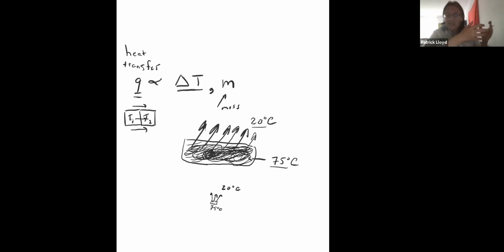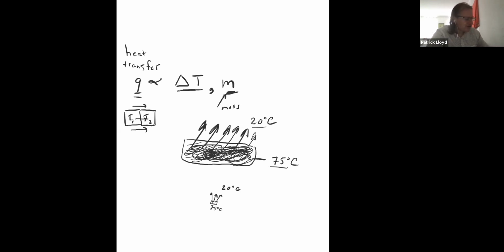I'm much hotter than the Earth. I'm 37 degrees C or 98.6 degrees Fahrenheit. So the temperature difference between me and space is much greater than the Earth and space. However, the Earth transfers a lot more heat to space than I do, but that's mainly because of its mass. The mass is an important aspect of that too.